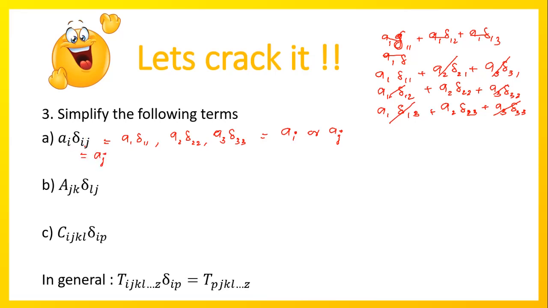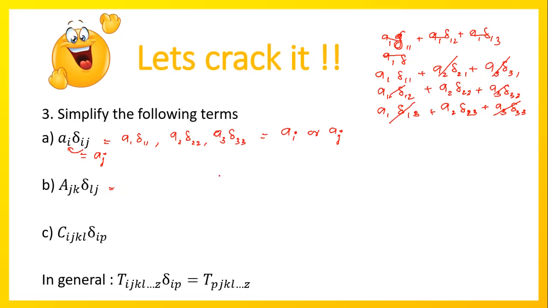So when you have a delta ij symbol here, then it is okay to replace this i with j. So we can use the same method here. Here also we have j as the dummy index, whereas k and l both are free indices. So we are going to have a set of equations, 6 sets of equations.